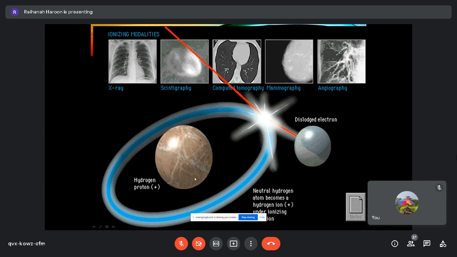If you think logically, if you remember your chemistry periodic table, as the atomic number increases, when we radiate, that thing becomes denser.